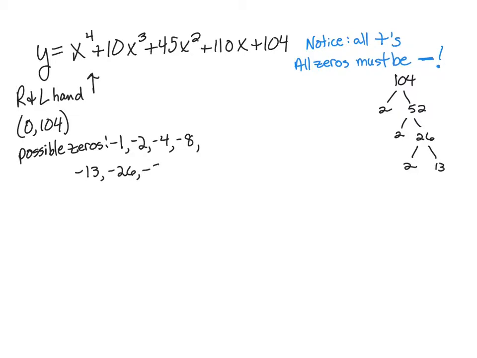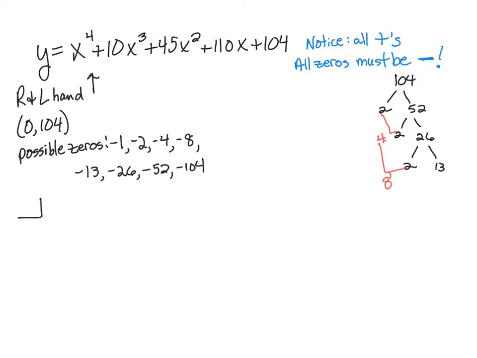So those are all the possible combinations of numbers that multiply out to be 104. We're not factoring it completely, we're listing all possible factors. So this guy right here gave me a 4, and this guy right here gave me an 8. See how that works? And they're all negatives.